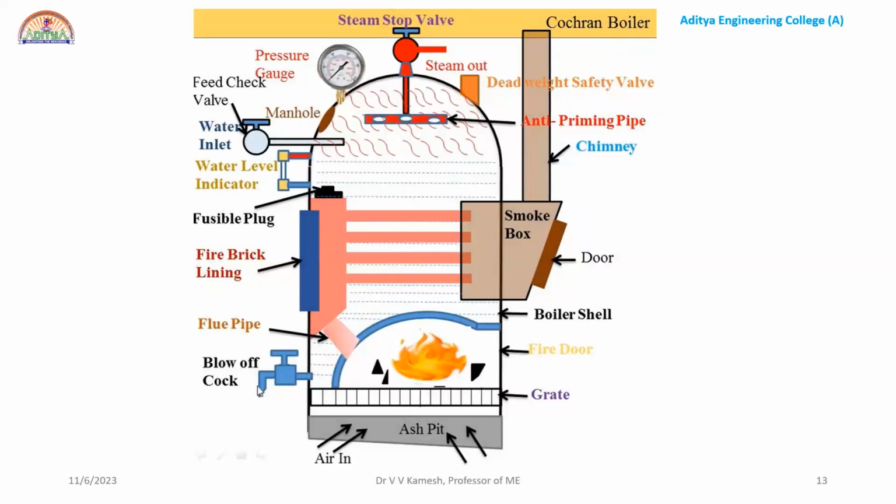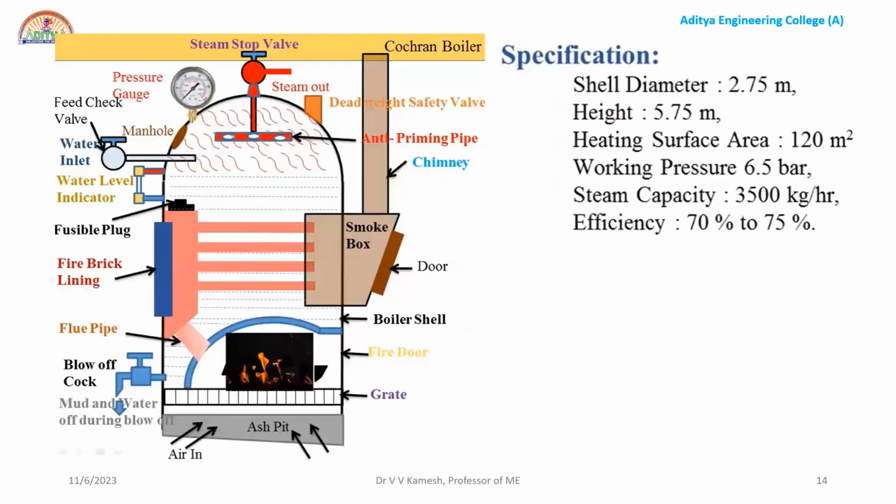You can see how the water is moving, how the steam is being collected at the top side, and it is going out through the steam stop valve. And the specifications: for any boiler, we are having some specifications, right?